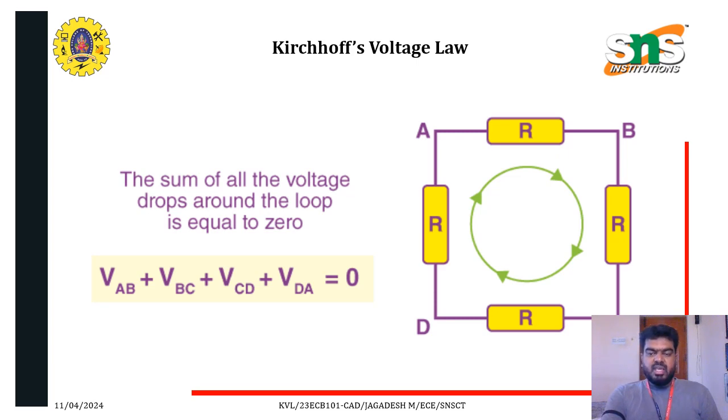C to D one resistor is there, and D to A is another resistor. Because of these resistors, there are voltage drops. So that would be taken as VAB plus VBC plus VCD plus VDA, the sum of all of which is equal to zero. This is Kirchhoff's voltage law.